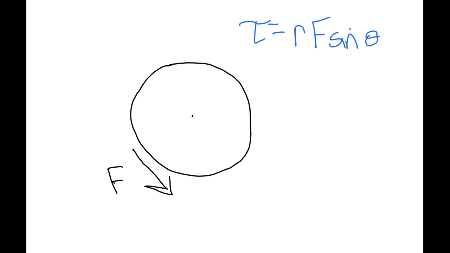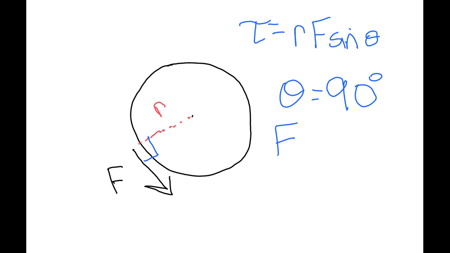R, the lever arm, is the distance from the axis of rotation to the location of the force. So in our case, if the force is being applied where it's drawn, this is our R. If we're pulling tangentially, which we're told Teresa grabs the handle and runs with it, that's a tangential pull, tangent to that circle, then this is a right angle, which means that our theta is 90 degrees, and our torque simplifies down to just R times F, which means that our force, which we want to solve for, is simply the torque over that radius.